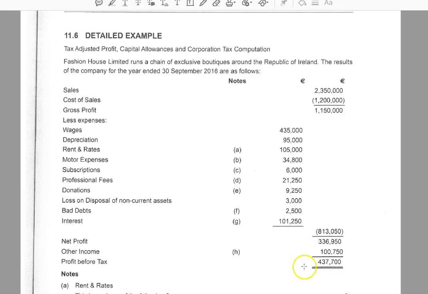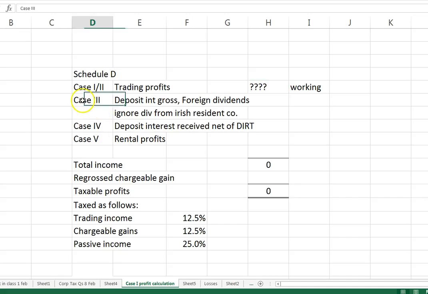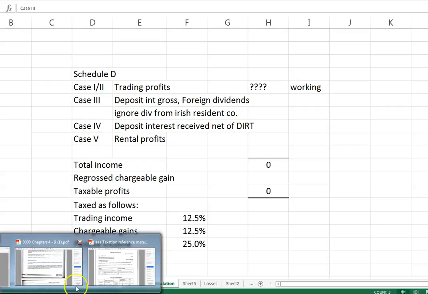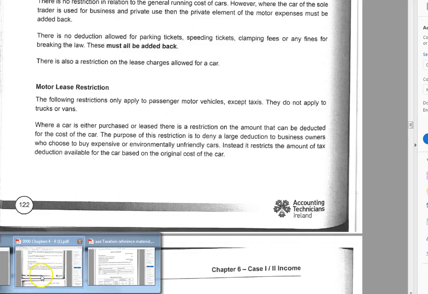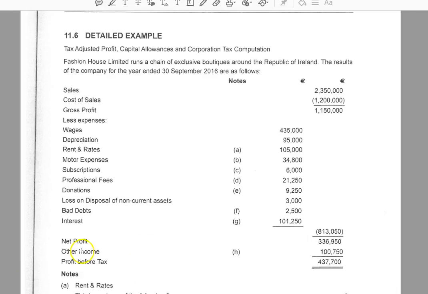But we can't use that figure as the case 1 profit because it contains things that aren't trading income. For example, if it contains anything that's case 3, 4, 5, we have to show them separately. So any income, and normally where we see them is in the question in other income.